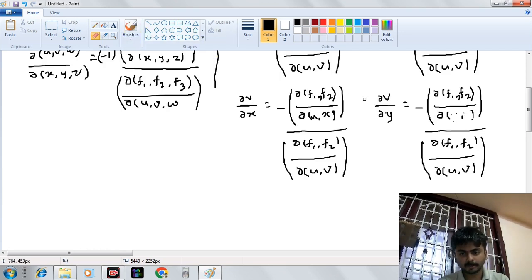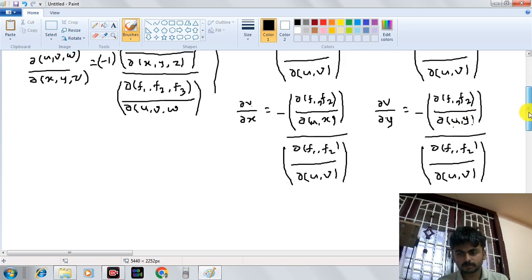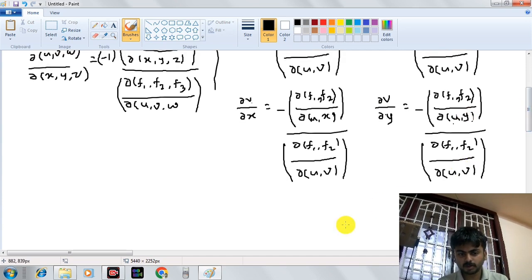So instead of writing y comma u, we are writing u comma y. These are the four formulas that are very important.